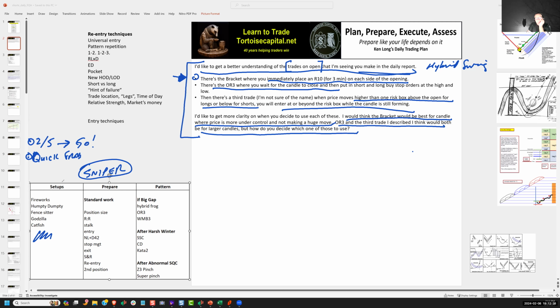In the sniper trading, we're planning to use setups. We're going to use any of these setups, and we plan to trade anything that meets one of these criteria and moves during the day during the execution phase.